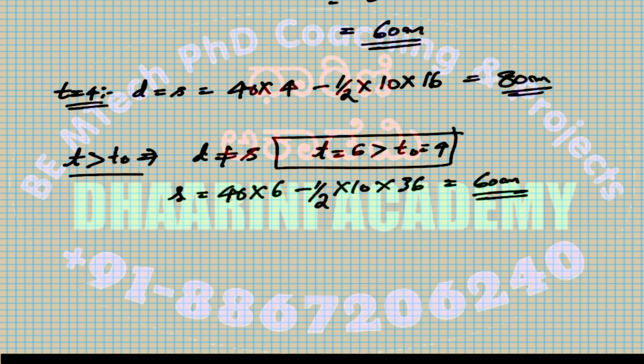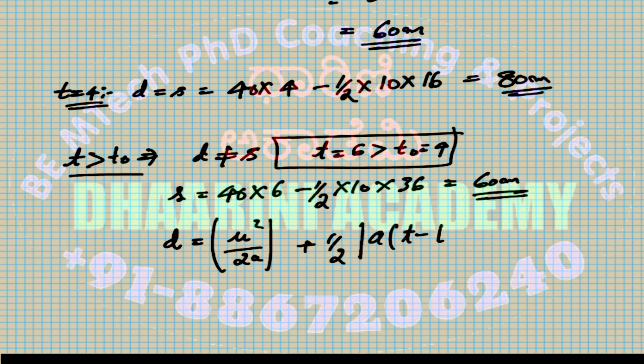But now calculate the total distance. Distance d is equal to u square by 2 times magnitude of a, plus half of magnitude of a into (t minus t naught) the whole square.